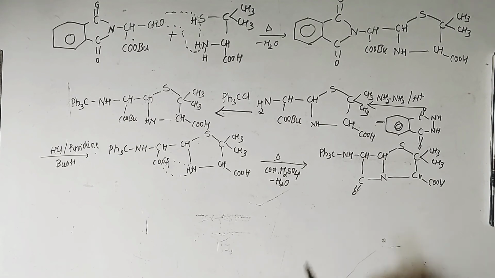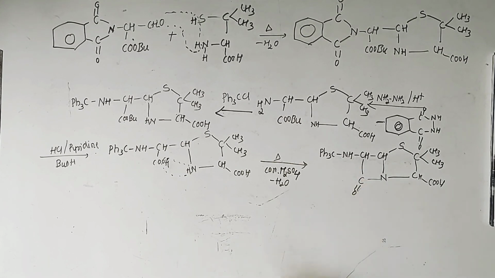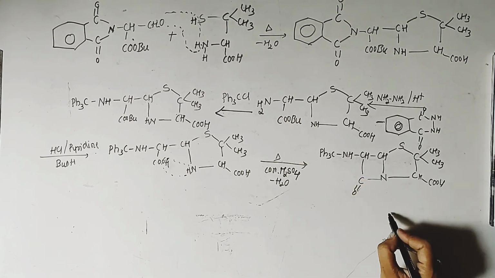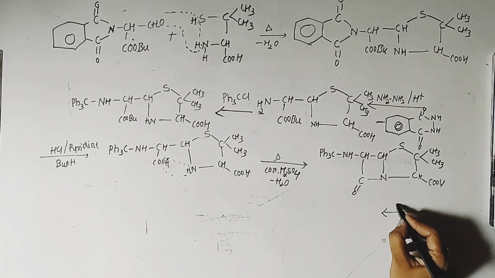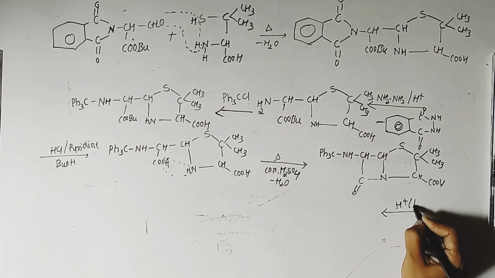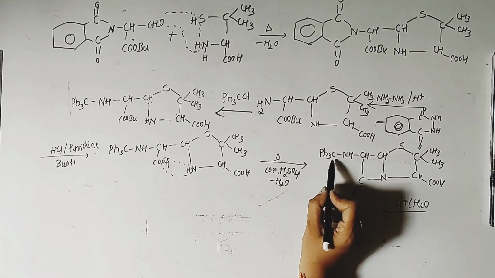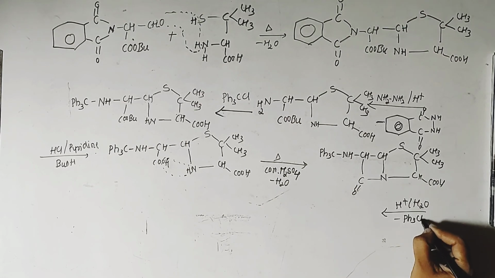Now we will move towards the deprotection of this amino group. So deprotection is done by protonation in presence of water. So in this process, this triphenyl methyl group is eliminated as triphenyl methane.